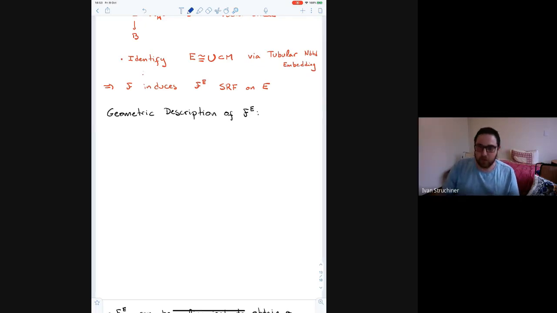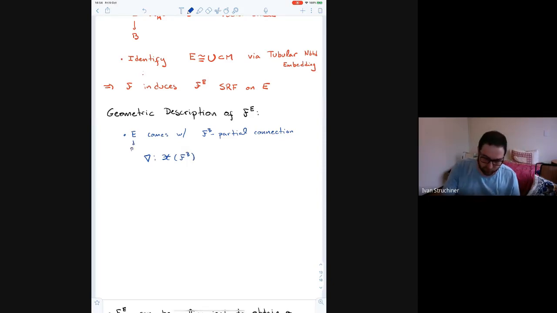This vector bundle E comes with an F_B partial connection, which is just a connection where you only differentiate along vectors which are tangent to the foliation F_B.